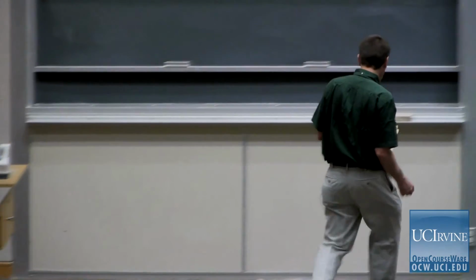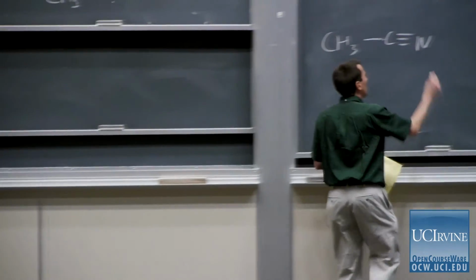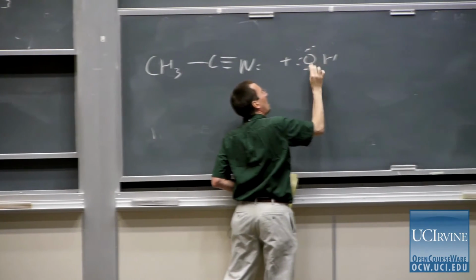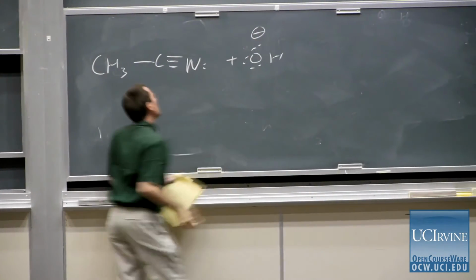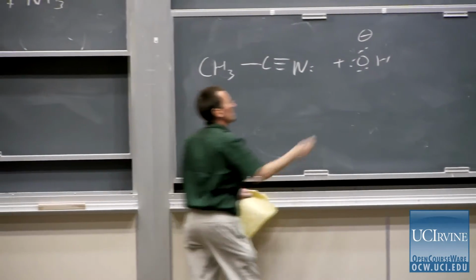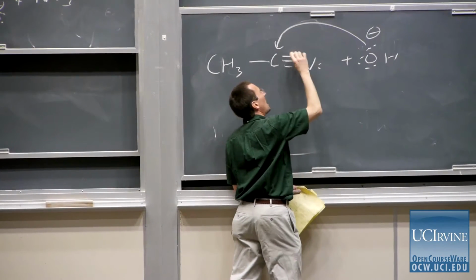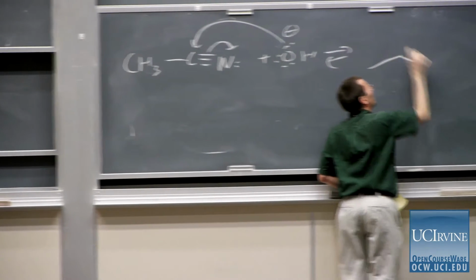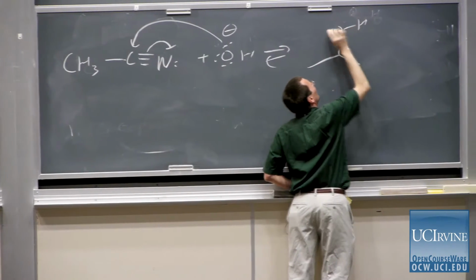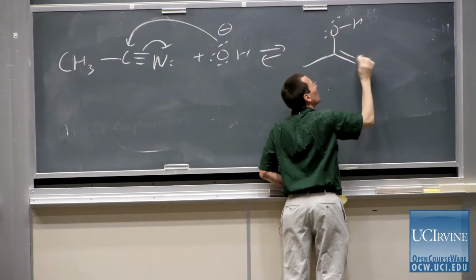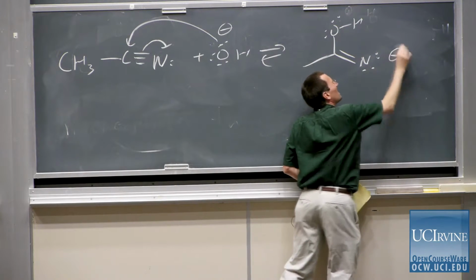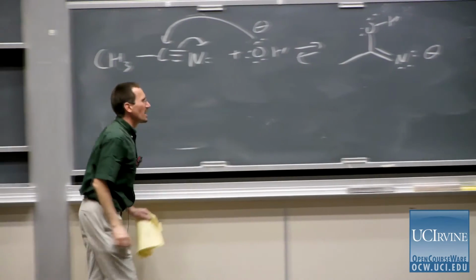So if you look at acetonitrile, now we're looking at the hydrolysis of nitriles. You can think of this as being very similar. In other words, hydroxide adds, we kick in electrons. You get a negative charge on nitrogen.